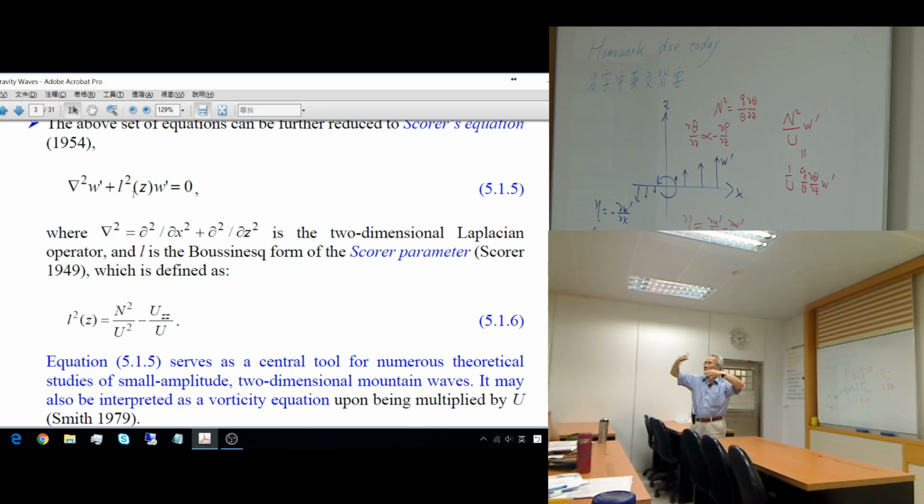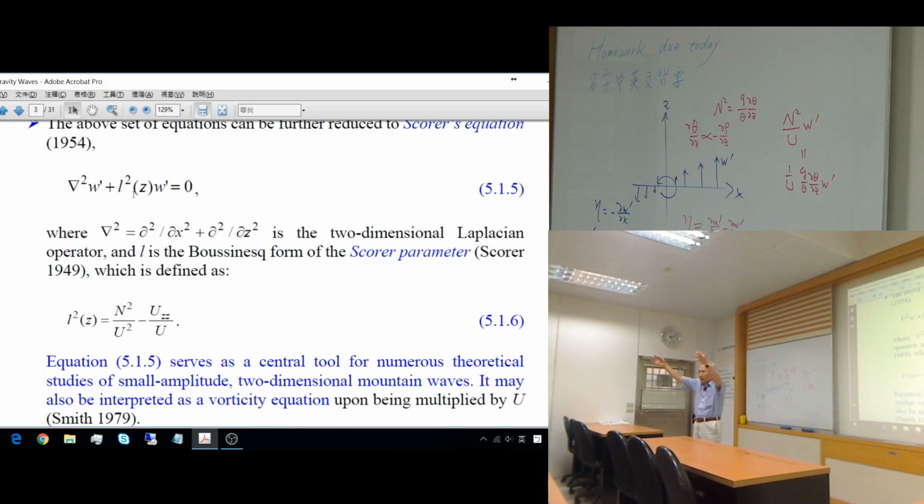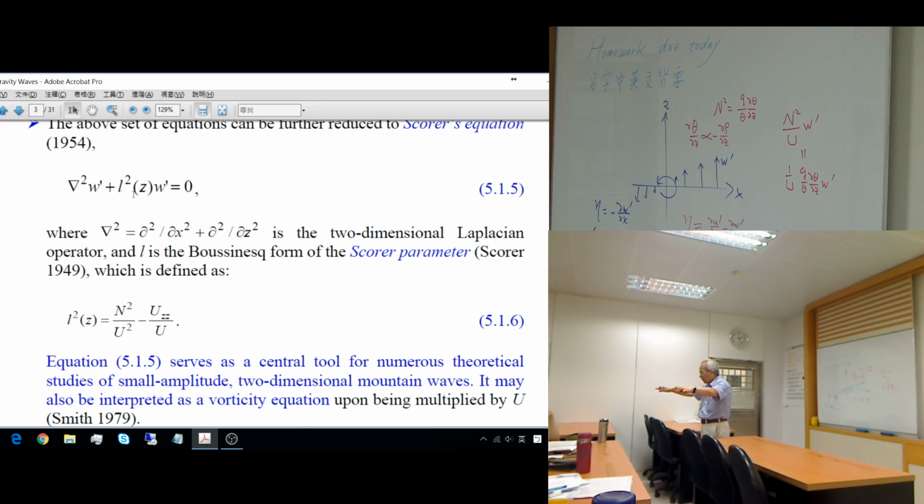Then it becomes colder and shrinks, sinks down, and passes the original level.